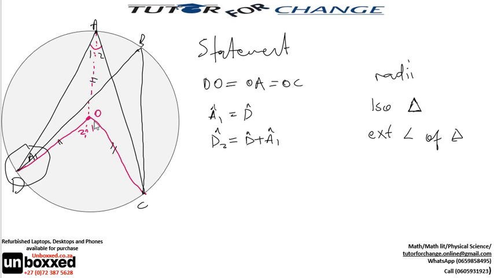Then now that we have that, we are only focusing on this. Since we have this equals to each other, then we can write this in terms of A because we want to have this in terms of A. So this implies D2 is actually 2A1.